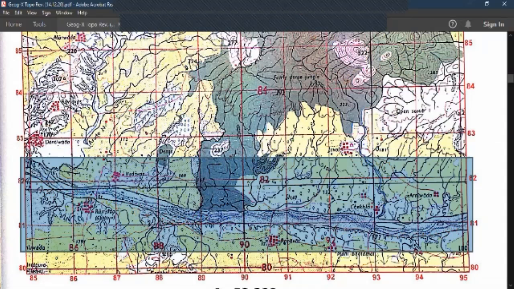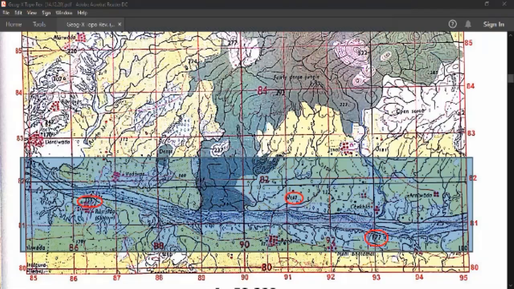As we know that the rivers usually move down the slope, and in the map extract you can get the information of the slope with the help of the spot heights. Here the spot heights are decreasing from 177, here it is 167, then 159.